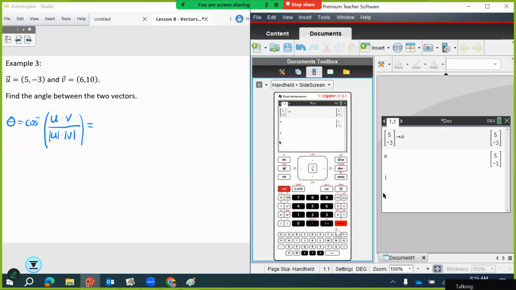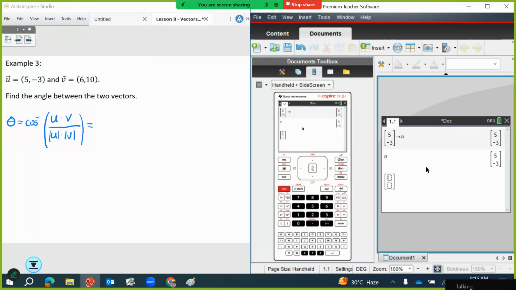Repeat that now and store v. Press the templates button, pull up the vector, type in our values, 6 and 10, and then Control Store.